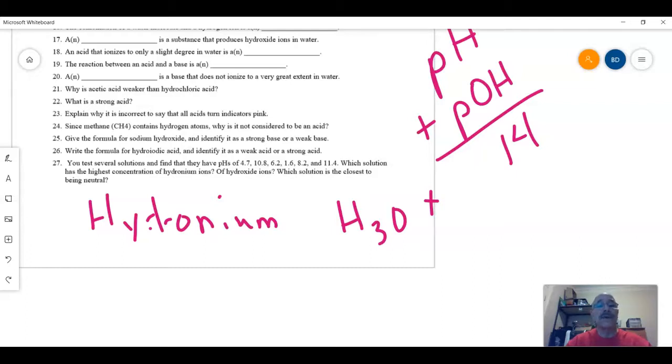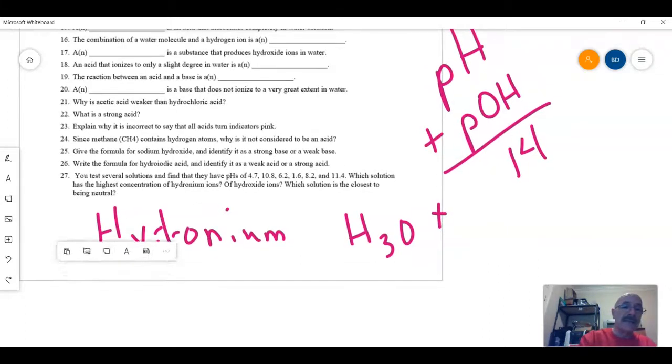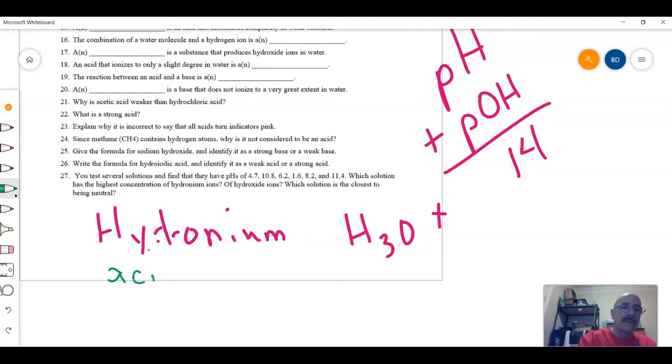24. Since methane contains hydrogen atoms, why is it not an acid? The reason is that hydrogens in methane are not acidic hydrogens. Okay, acidic is the adjective form of the word acid. So acidic hydrogens. And methane doesn't have any of them.